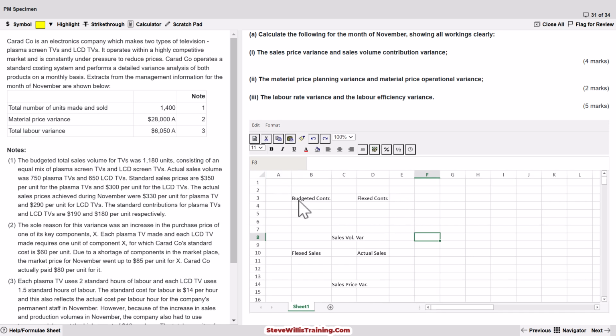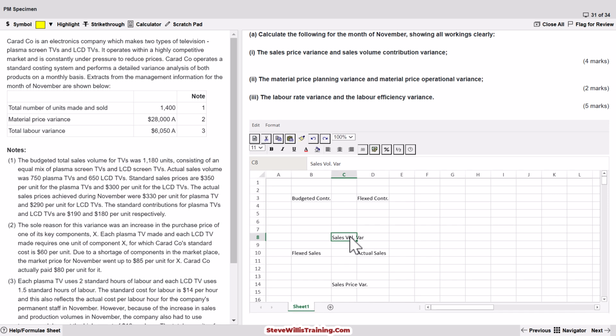Now, you might be wondering, why are we working with contribution if the name of the variance is sales? Shouldn't we be working with sales? Well, we're looking here at the impact of selling a different number of units. Now, two things happen if we sell a different number of units.